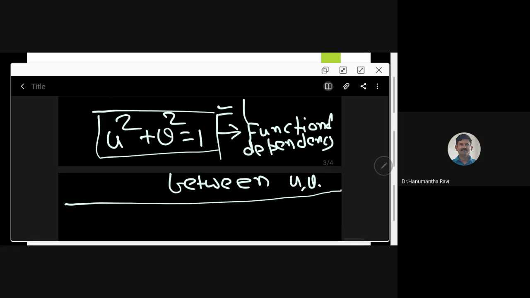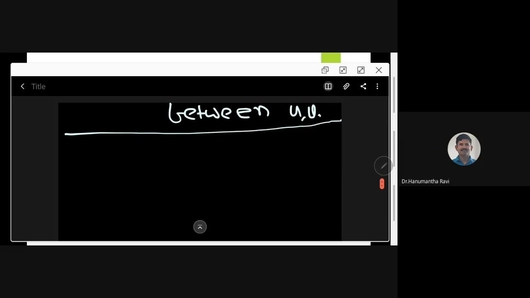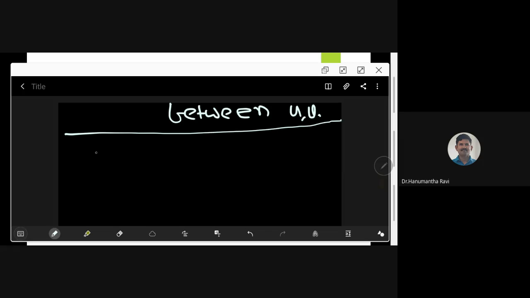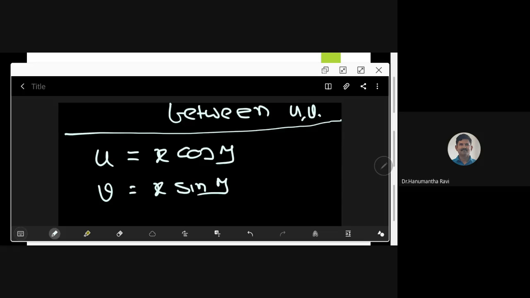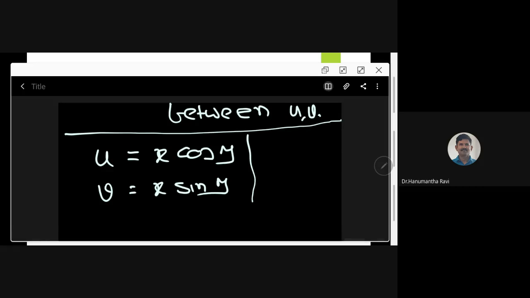On the other hand, we'll take another example. Say, for example, u is x cos y, v is x sin y. In such a case, we would like to calculate the Jacobian.